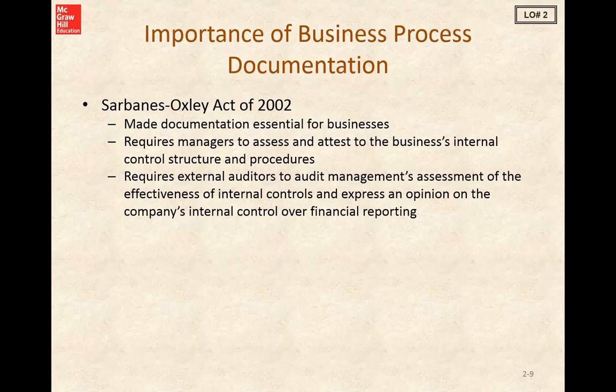It requires managers to assess and attest to the business's internal control structure. It requires external auditors to audit management's assessments of the effectiveness of the internal controls and express an opinion on the company's internal controls over financial reporting.